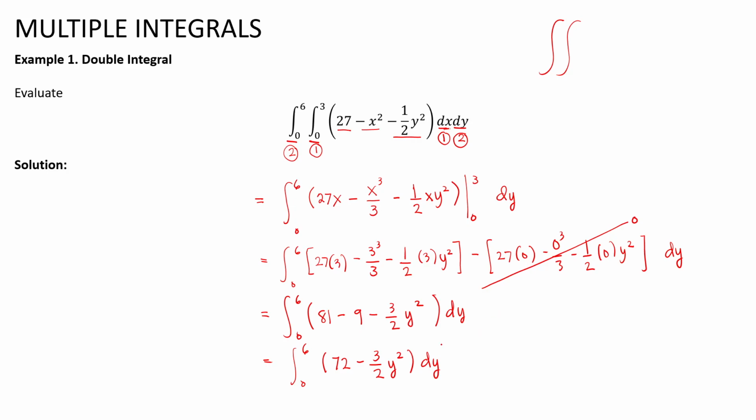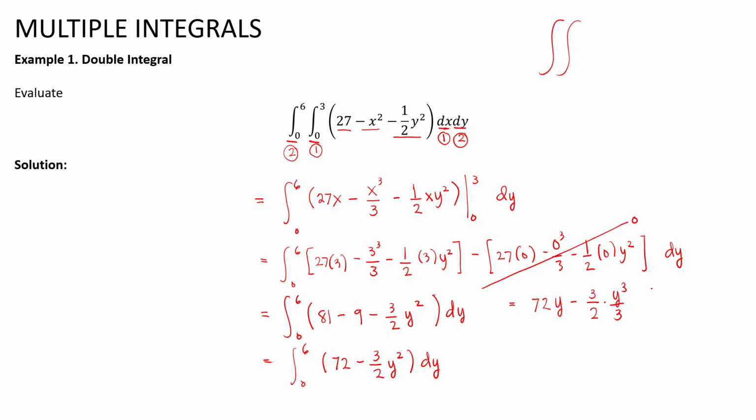Since you are now left with this one, you can now evaluate the integral with respect to y. So this will give you 72y, and then minus 3/2 times y cubed all over 3.